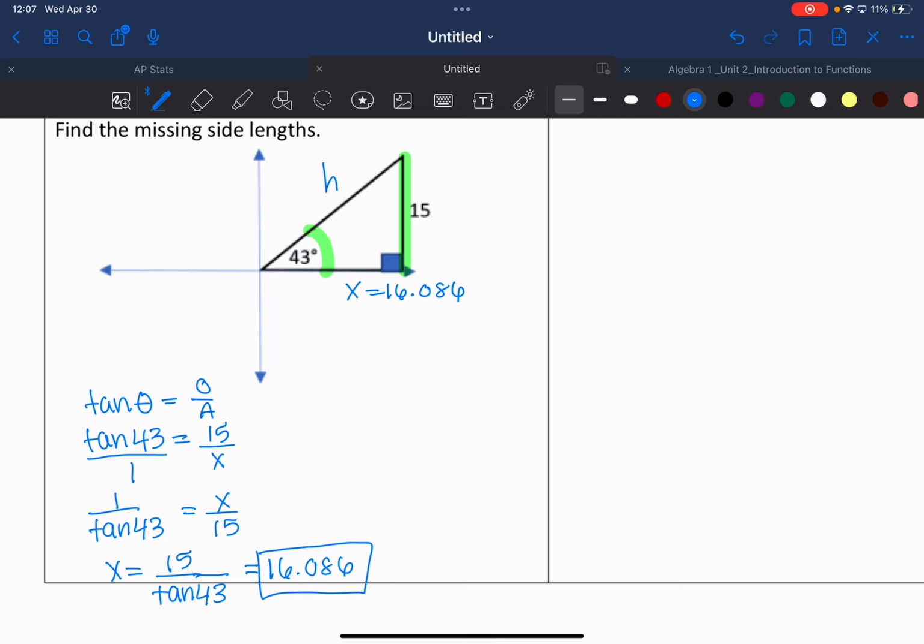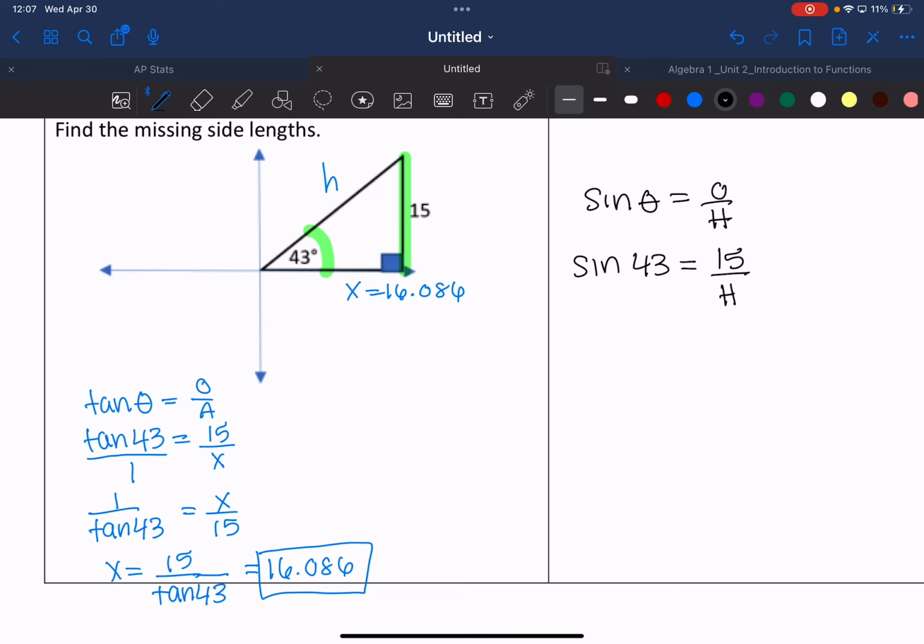So which function is opposite and hypotenuse? Sine, good. So sine of theta is equal to opposite over hypotenuse. So sine of 43 is equal to opposite, which is 15, divided by hypotenuse.